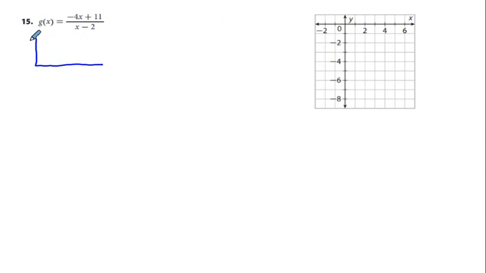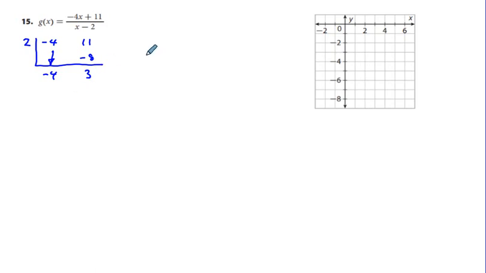I'm going to put the value of the zero, which is 2, to the side of my synthetic division bracket. And then the coefficients on the inside, we have negative 4x plus 11. We bring down the negative 4. 2 times negative 4 is negative 8. And then 11 minus 8 is 3.